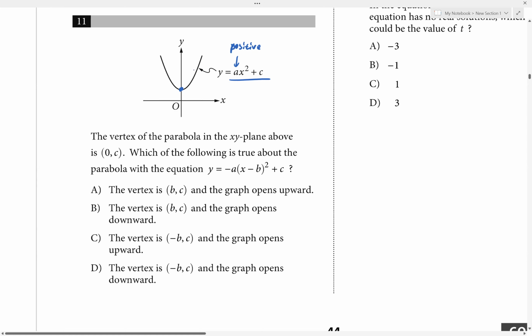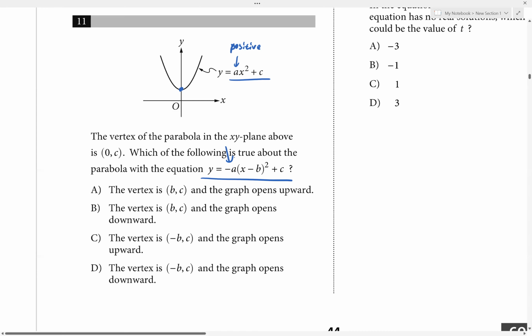We're trying to interpret this equation over here, which is y equals negative a times (x minus b) squared plus c. So first things first, if we make the a value negative, so it used to be a positive number, but now we're putting a negative sign in front, that'll make the whole thing opposite.